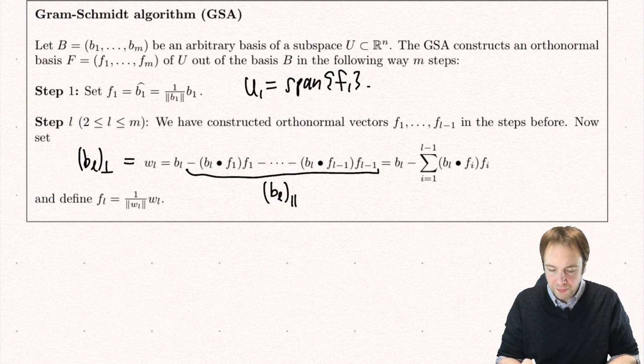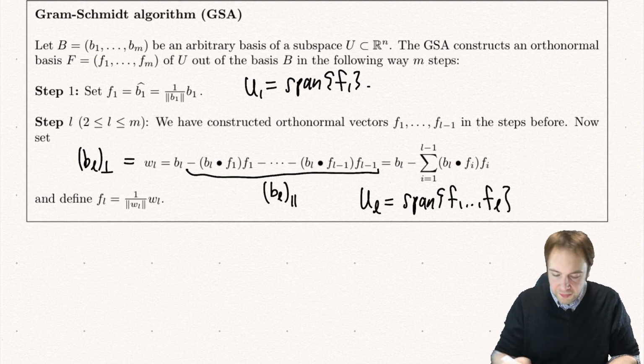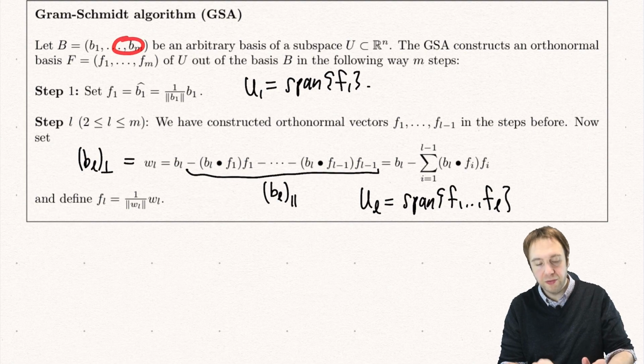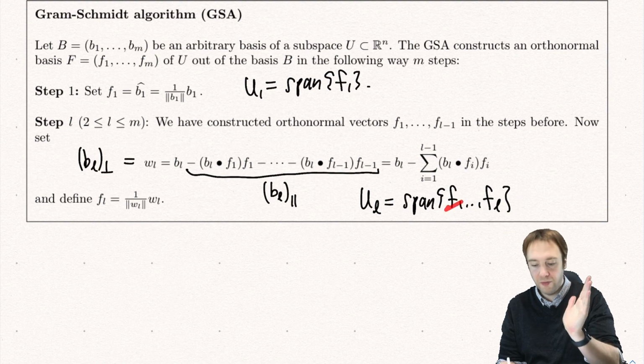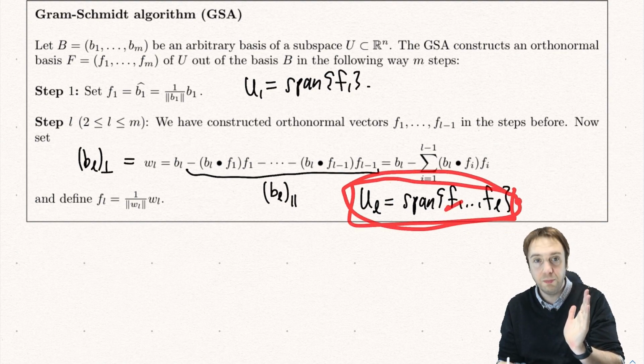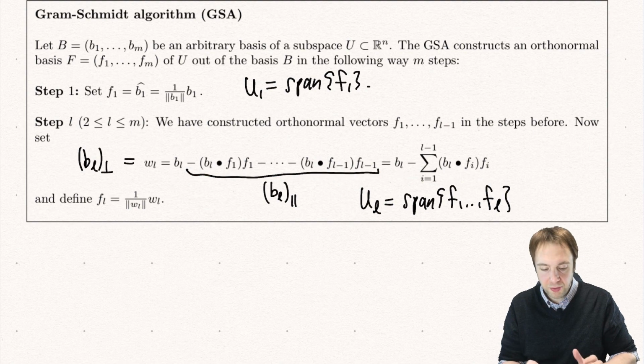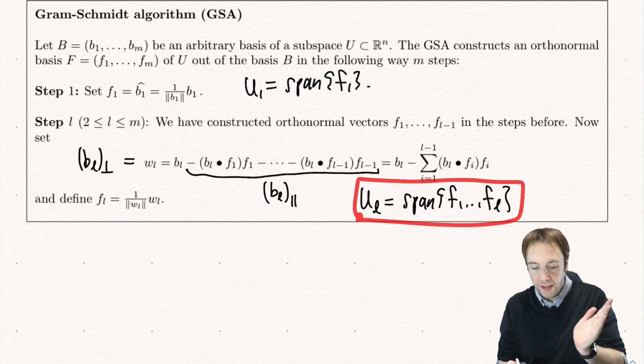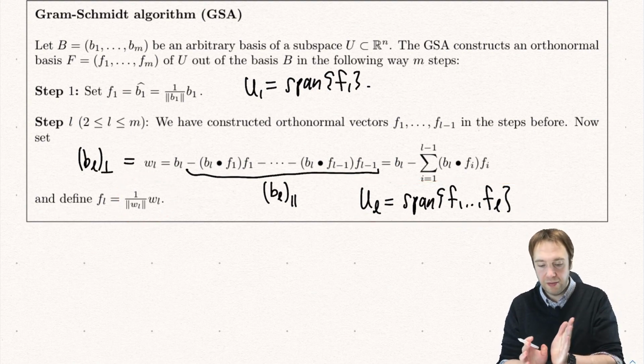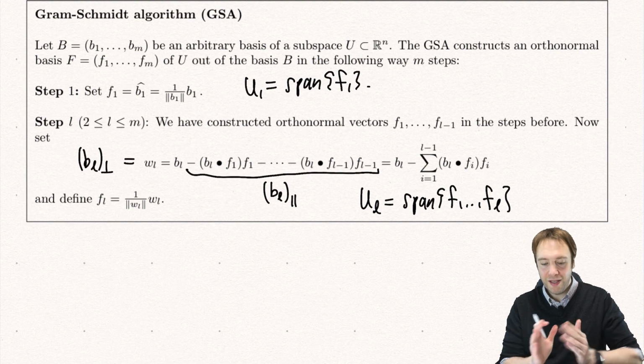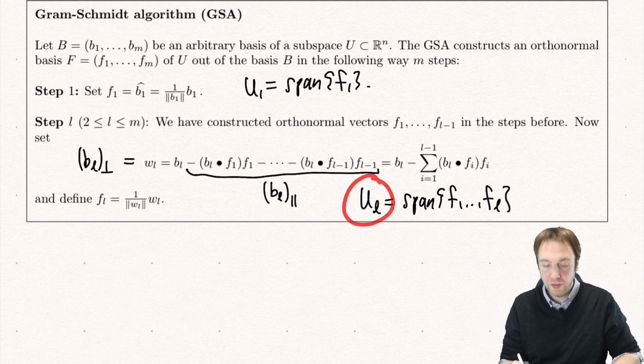So in each step we will construct UL, which is the span of F1 up to FL, and then in the next step we will take the next basis vector BL plus 1 and consider the orthogonal part of it to this subspace by using this formula here, and this will give a new vector WL, which is orthogonal to all F before, and then we can normalize it and add it to our list, and we will get an orthonormal basis of a new subspace UL.